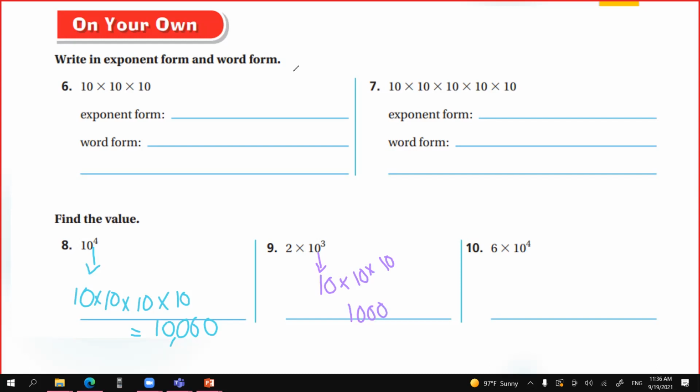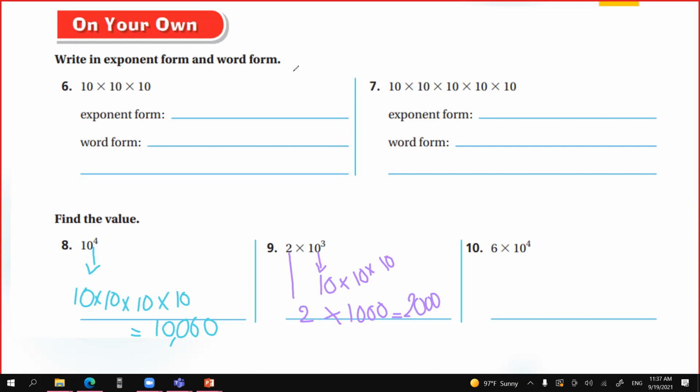Not 300, 1,000. Write 1 and add 3 zeros. Then multiplied by 2. 2 times 1,000 is 2,000. Thank you, Malak.